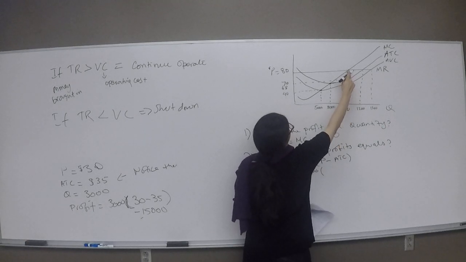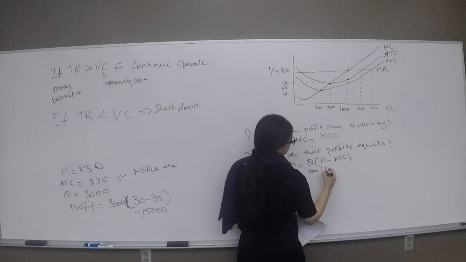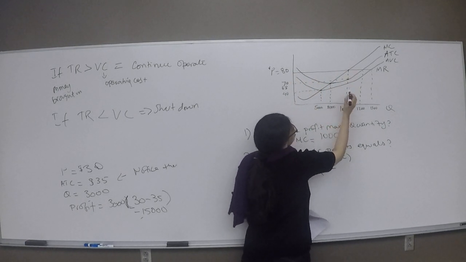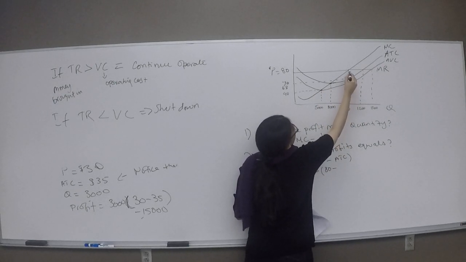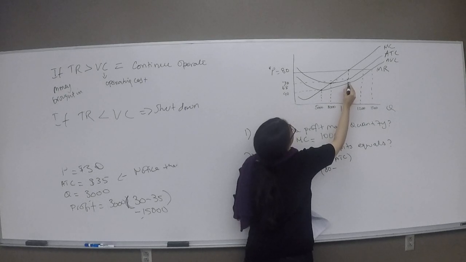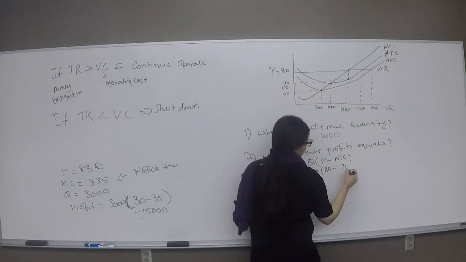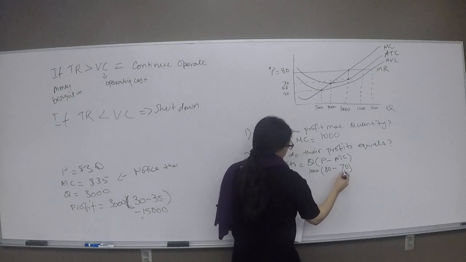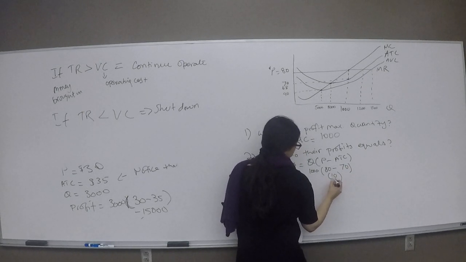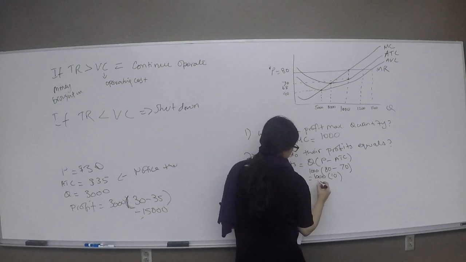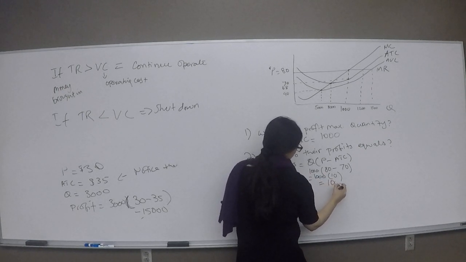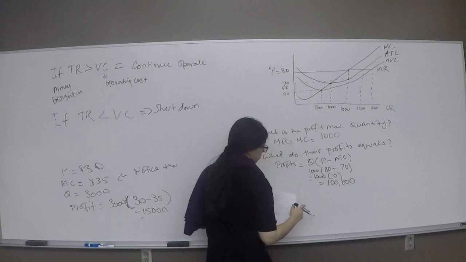Price at that quantity is $80. Going directly below to average total cost, the value at that level is 70. 80 minus 70 is 10. 10 times 1,000 is 100,000. That is your profit.